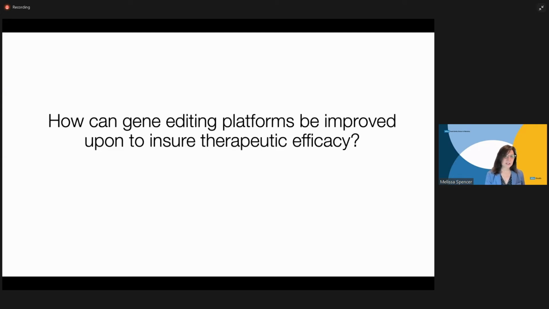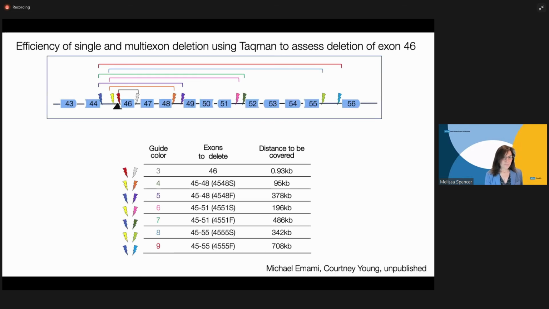Well, one is to just improve the CRISPR itself. And we've tried designing various guide RNAs to delete various segments of the gene. All of these would create dystrophins that are highly functional through modeling. And you can see if we use these different guide pairs, we create different sizes of deletions.